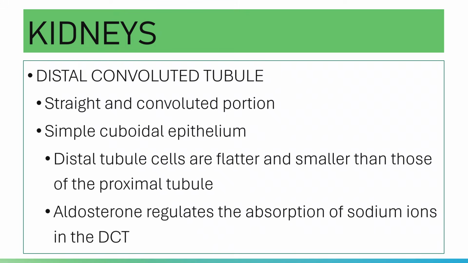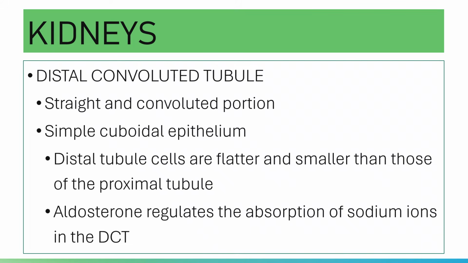The cells in your DCT are flatter and smaller. That is why the nuclei are typically seen in sections. Your distal convoluted tubule cells are flatter and smaller than those of your PCT.